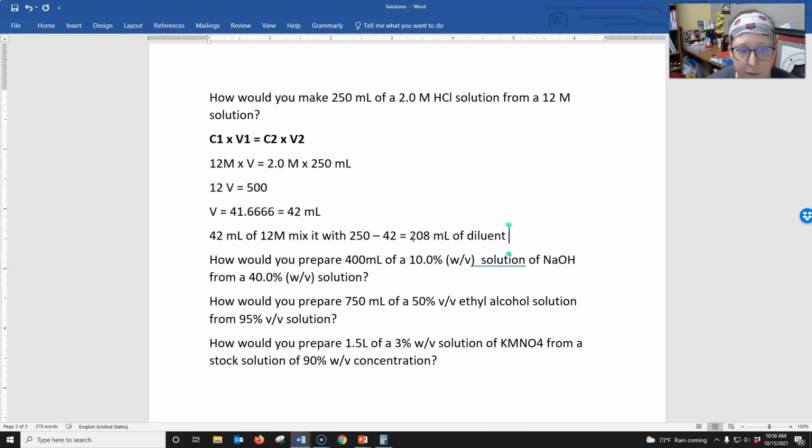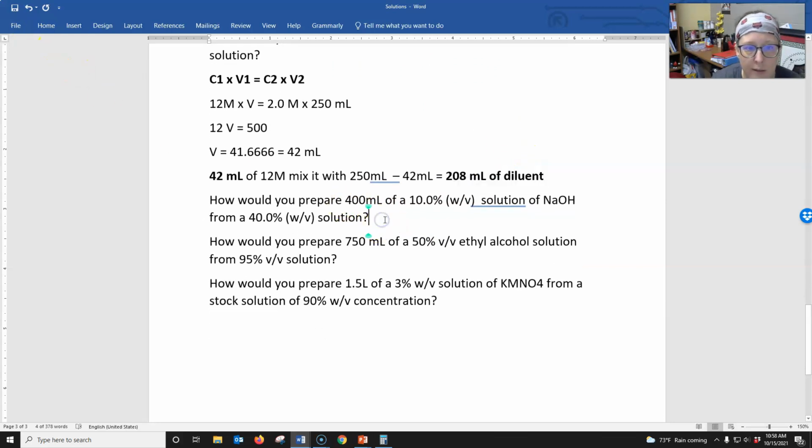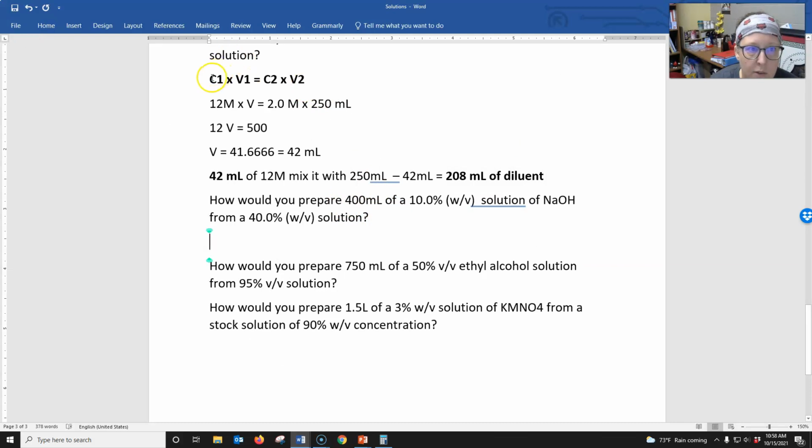Sorry, I'm not putting my units everywhere, but so yes, 250 mil, 42 mil. So practically, you're mixing 42 mils of your 12 molar with 208 mils of your diluent, and then you'll end up with 250 mils of 2 molar hydrochloric acid solution.